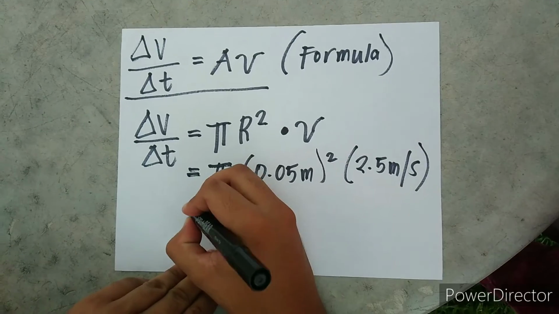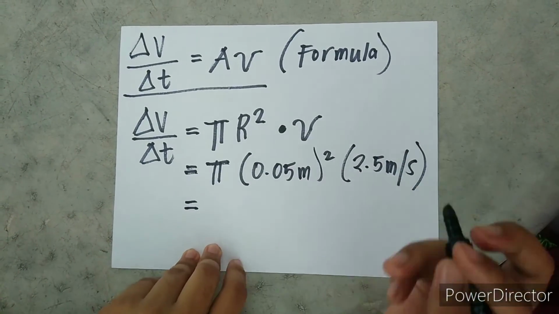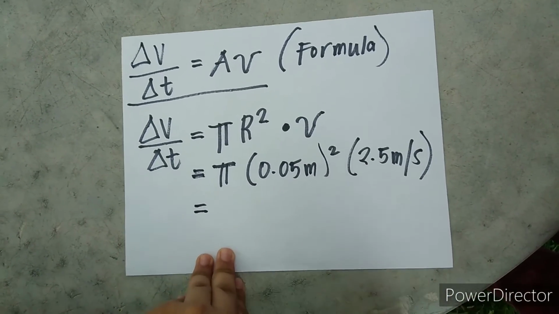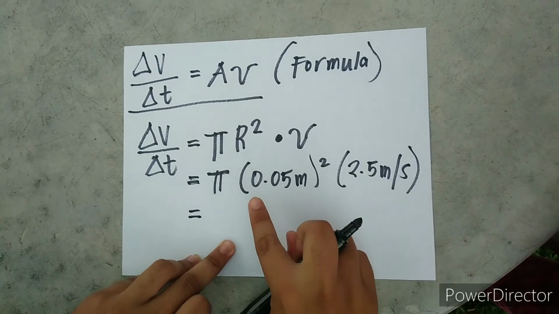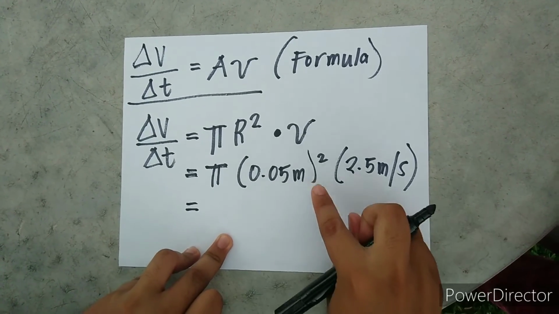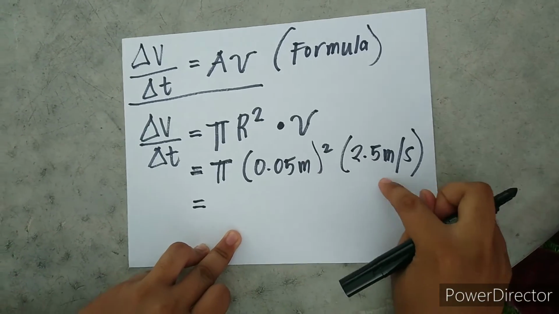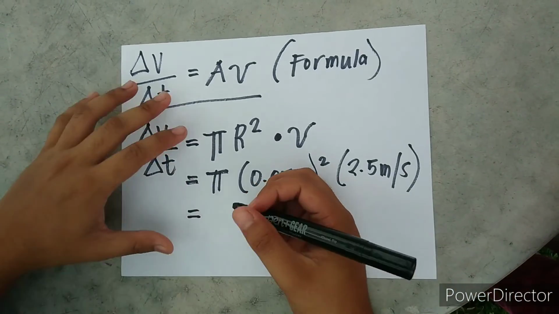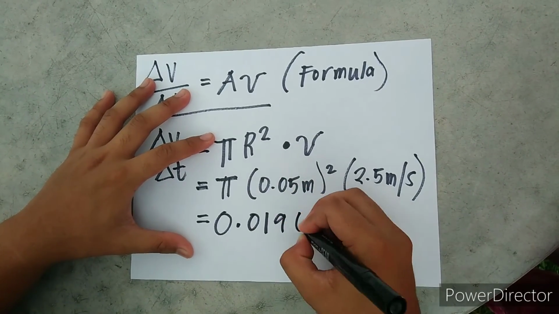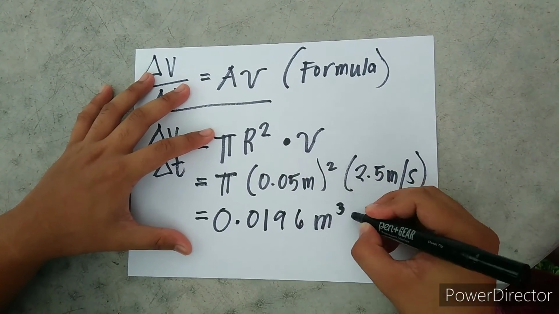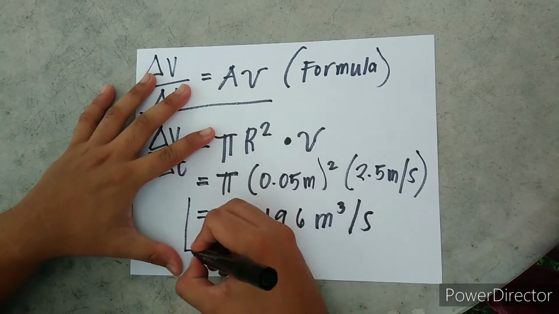So prepare your calculator and let's solve. 3.14 times 0.05 meters squared times 2.5 meters per second gives us the answer of 0.0196 cubic meters per second.